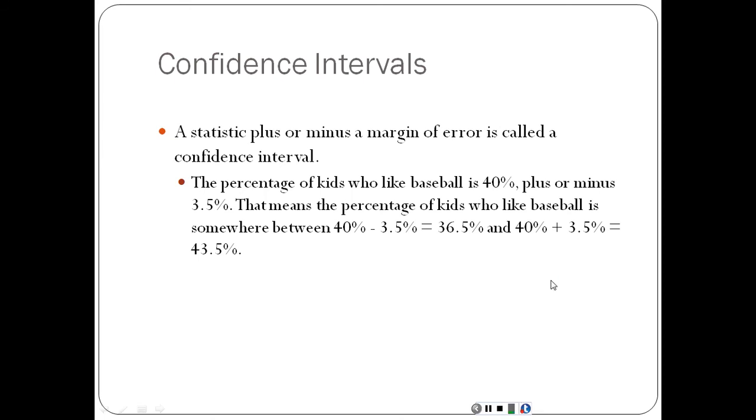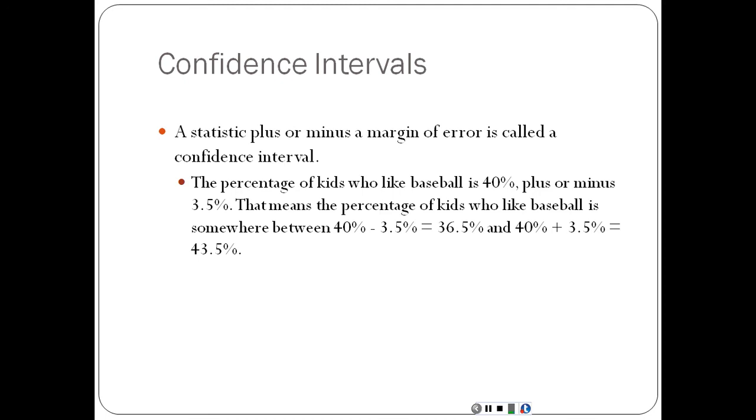Now let's look at confidence intervals. A statistic plus or minus a margin of error is called a confidence interval. For example, say the percentage of kids who like baseball is 40%, plus or minus 3.5%.